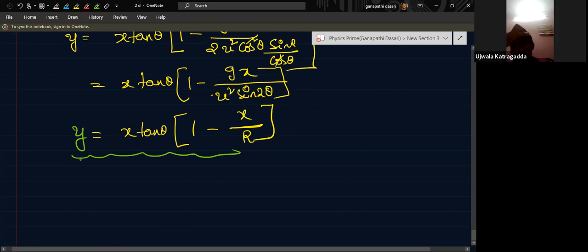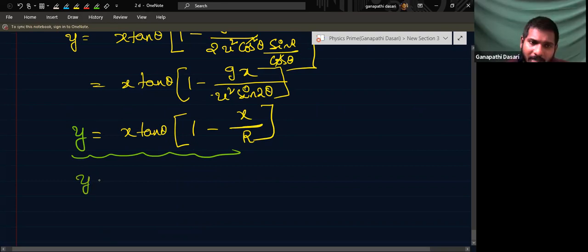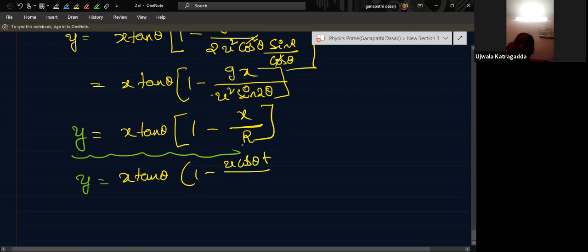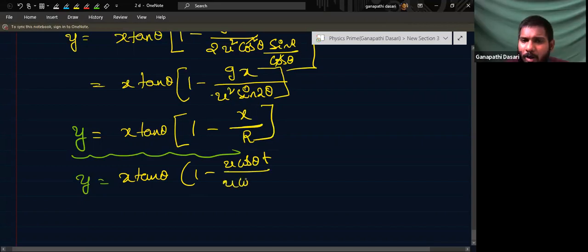So then this y can be written as again x tan theta into 1 minus x by r. x can be written as u cos theta into small t, x coordinate. R can be written as u cos theta into capital T, total time of flight.